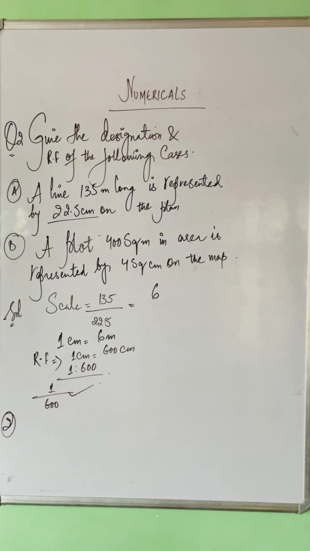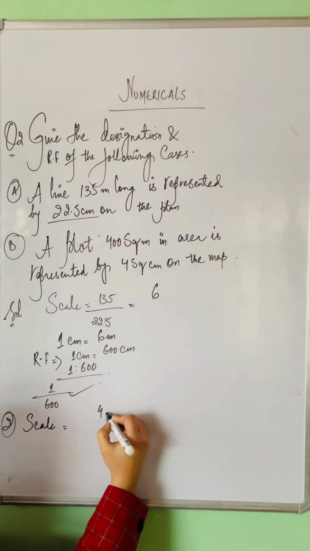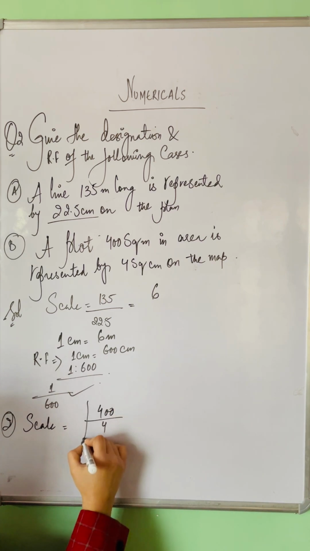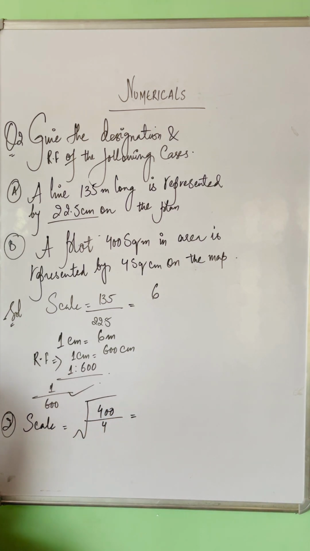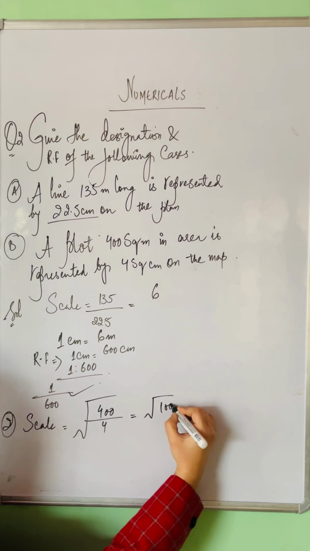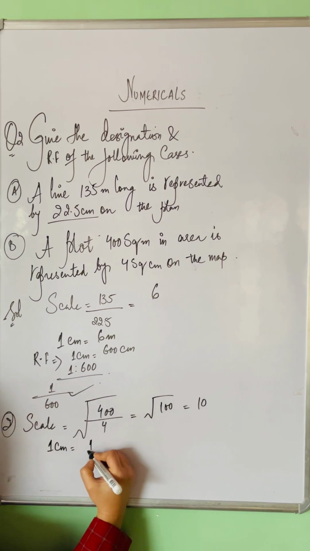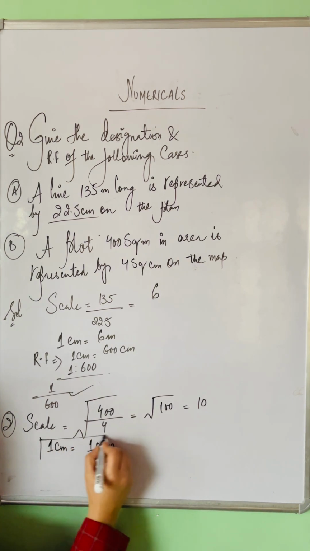Now case number 2. A plot 400 square meters in area is represented by 4 square centimeters on the map or plan. So the scale will be 400 divided by 4. But since we are dealing with areas, so square root of it, it comes equivalent to 100, which is 10. That means 1 centimeter represents 10 meters on the ground.